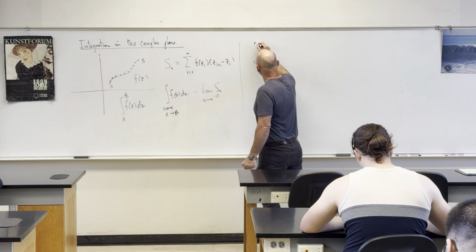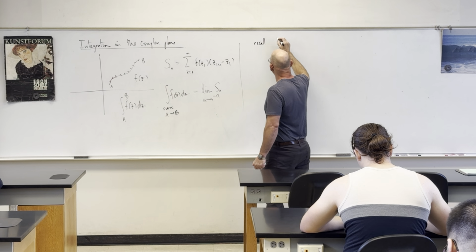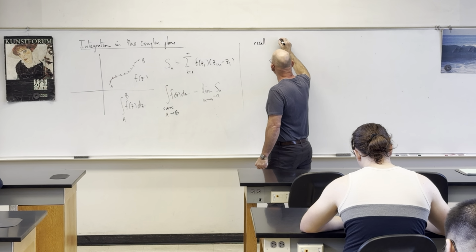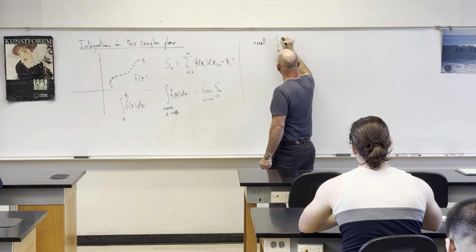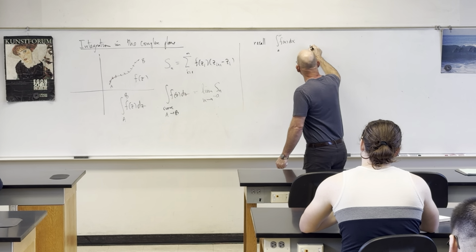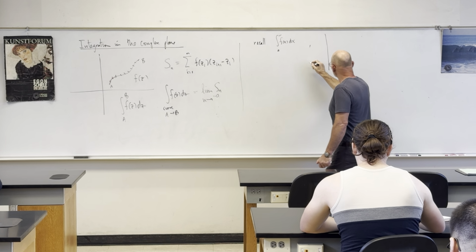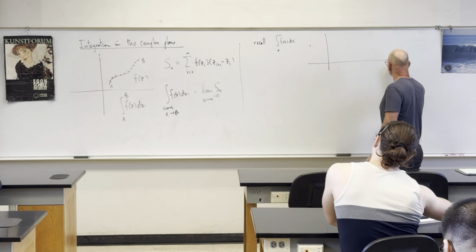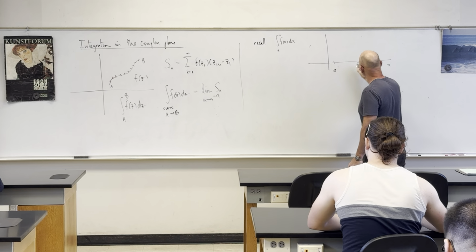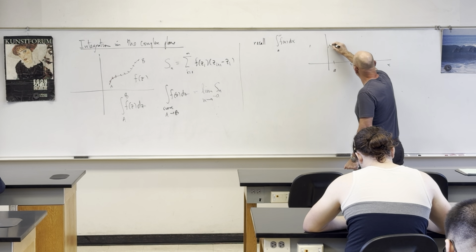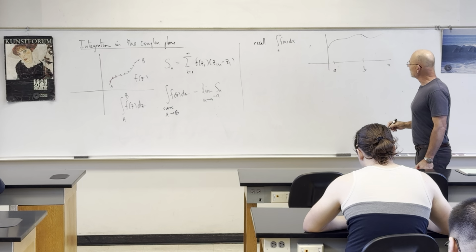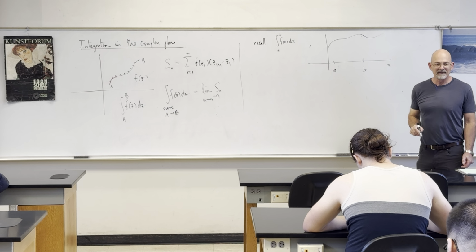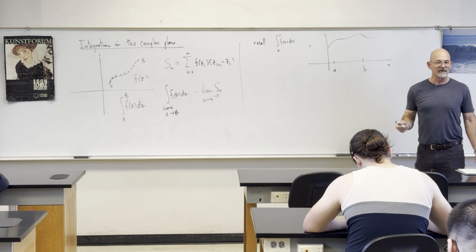So I'll put here, recall the integral of f of x dx from a to b. And let's have a really concrete example here. We've got an interval a to b. We've got a function out here. And you guys remember how that integral was defined as the area under the curve?